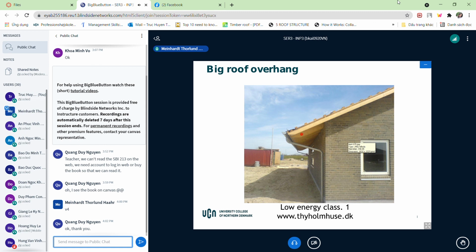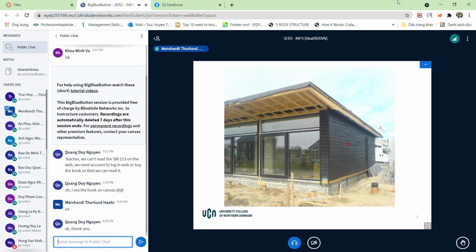The reason why we built it like this, there are a couple of reasons, but one of them is protecting the facade of these corners from rain, so we don't get rain through this construction connection here. This one as well, protecting these areas from rainwater, but it's also going to do some kind of passive sun protection from the sun.